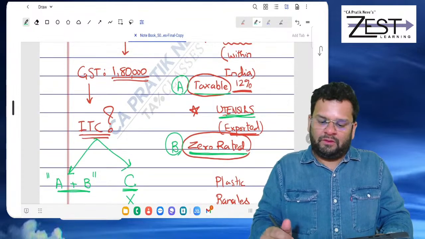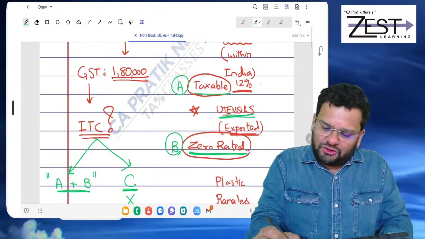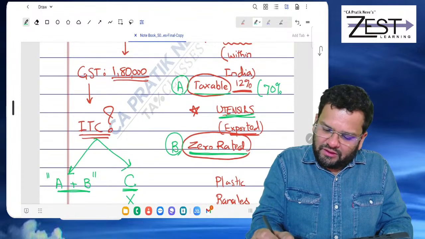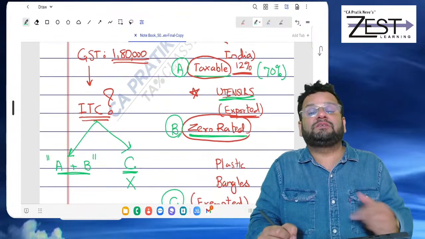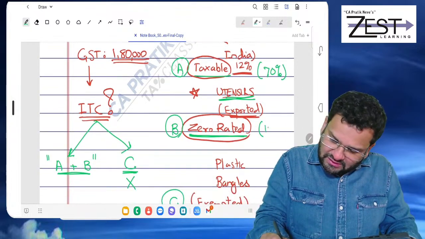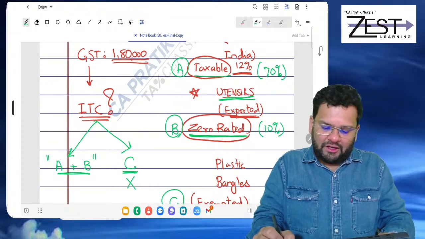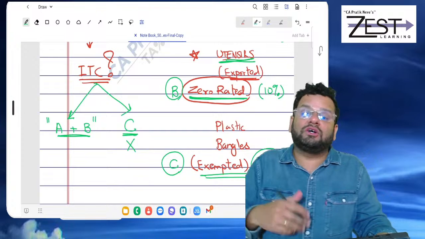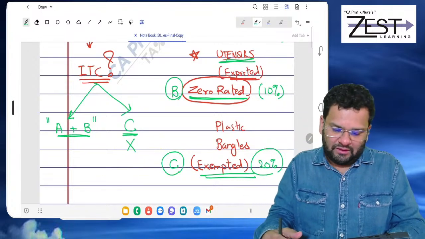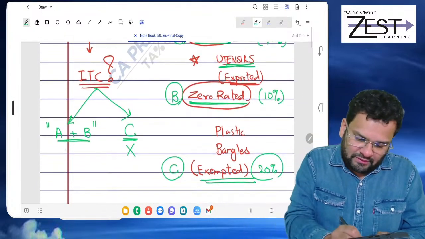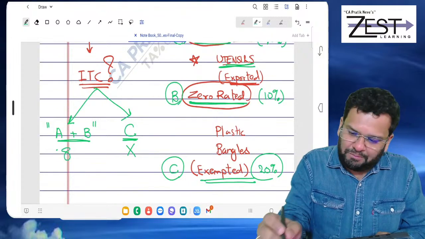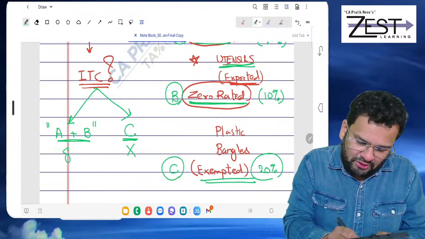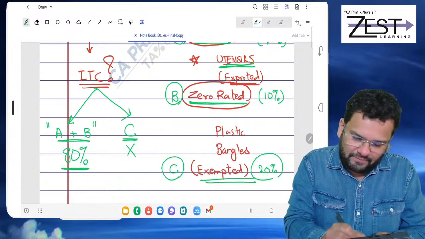Suppose your sale of taxable goods within India is 70%. Your exports of utensils are 10% and your exempt supply is 20%. This is of turnover I am telling. So A plus B, that is to the extent of 80%, you will be able to claim ITC.